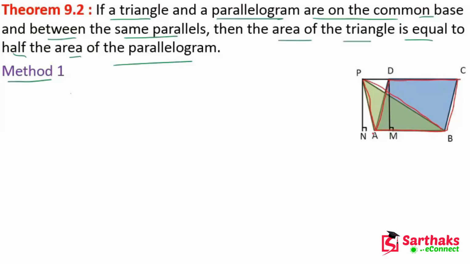So we can say that the common base is AB. Now if we produce DC to intersect at point P, then we can say that PC and AB are the same parallels. I hope you get this point.